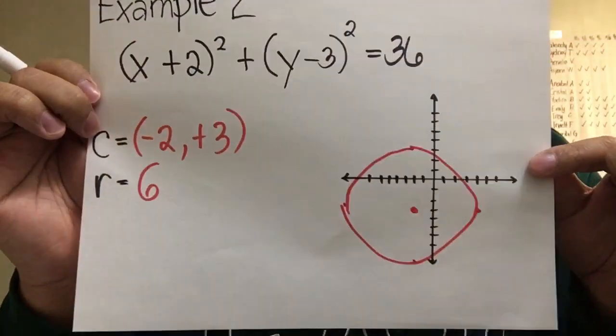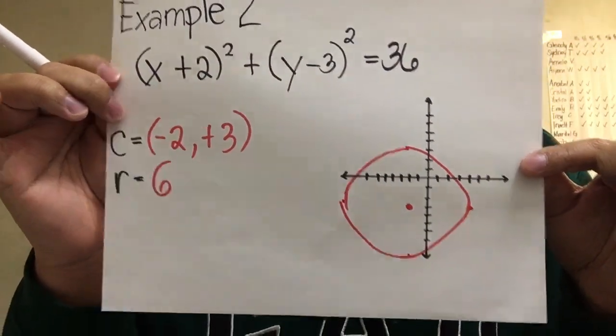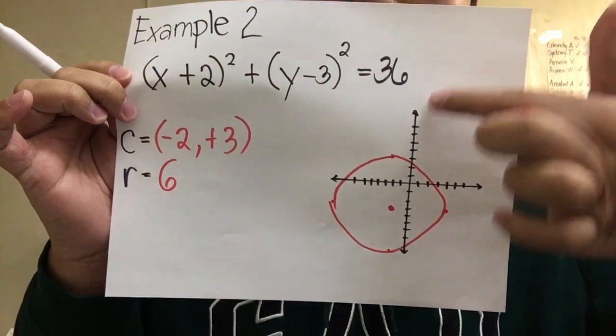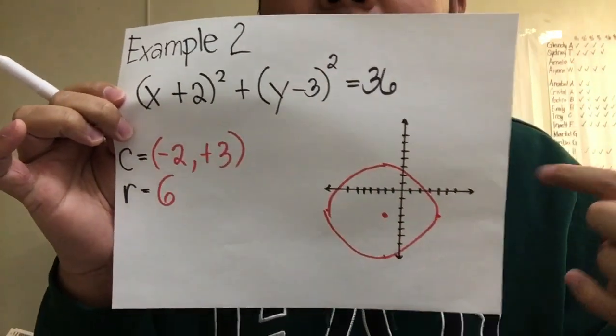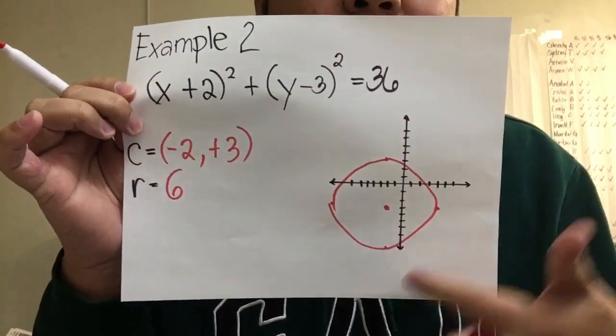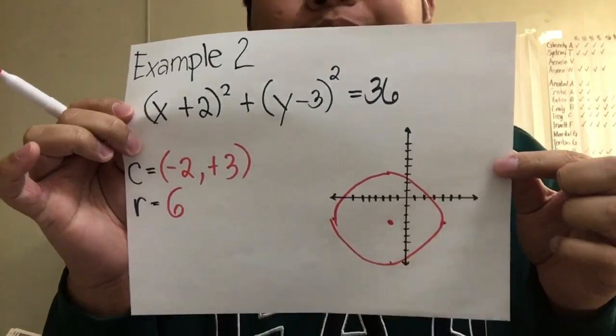So I have 1, 2, 3, 4, 5, 6 in each direction. And this is my circle. Now you could always draw your own graph or your own x and y plane.